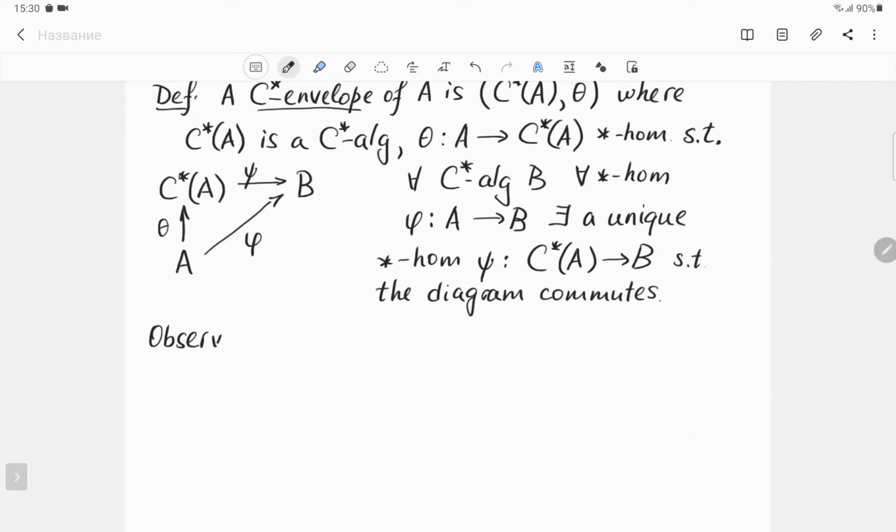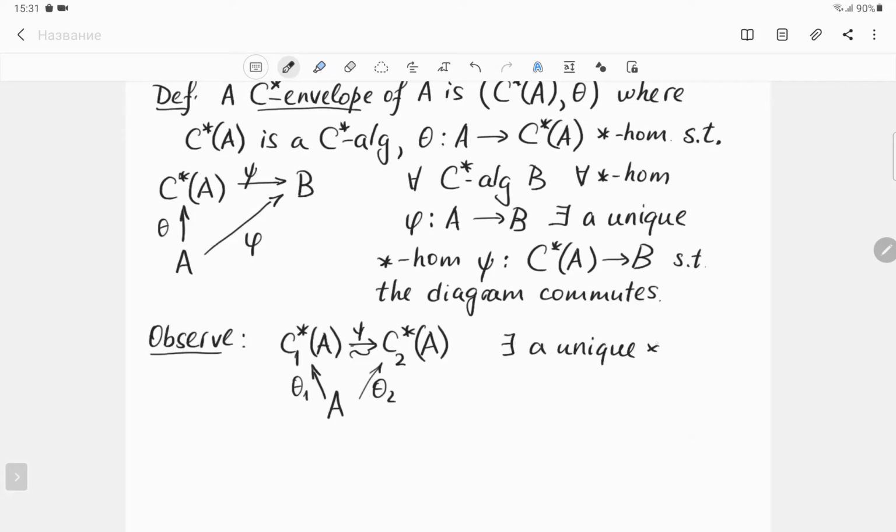Let's observe that if we have two C-star envelopes of the same star algebra A, say C-star 1 of A and C-star 2 of A, with respective homomorphisms theta 1 and theta 2, then there exists a unique star isomorphism psi such that the diagram is commutative. This is immediate from the definition.